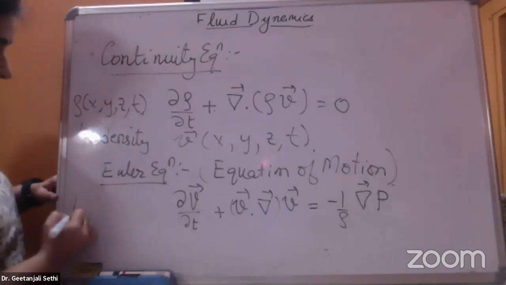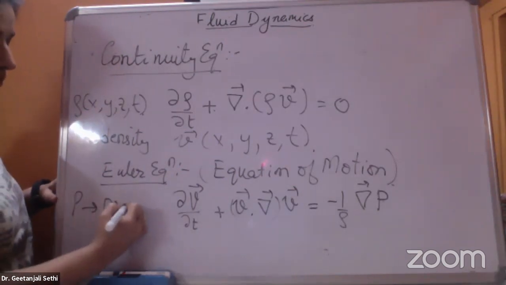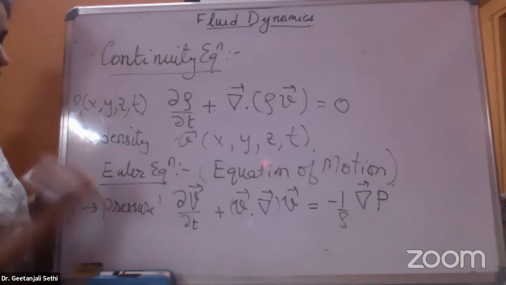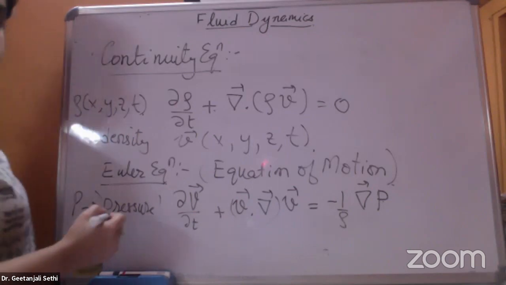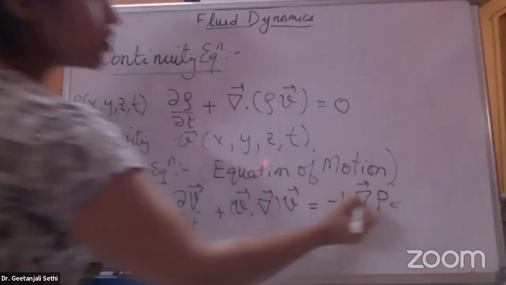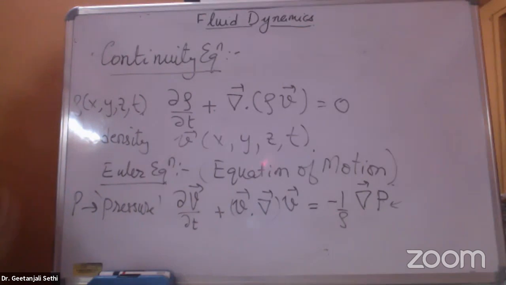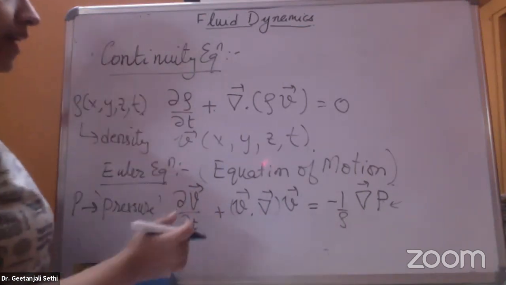And what is P? P is the pressure, which we had defined as force per unit area that was experienced by my volume element due to all the remaining fluid other than my fluid element.